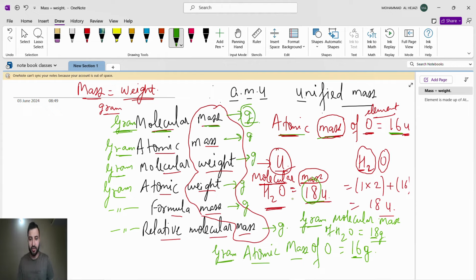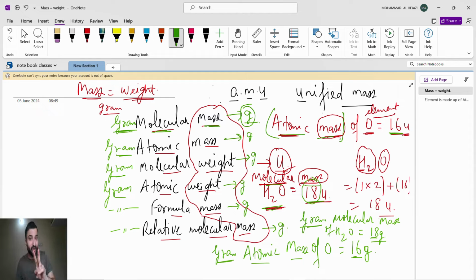And H2O is a compound. A compound is made up of molecules, so we say molecular mass. We will not say compound mass or element mass. Understand when we say atomic mass and when we say molecular mass.